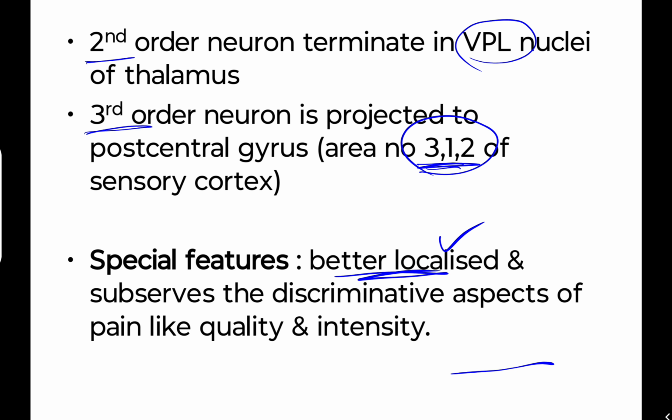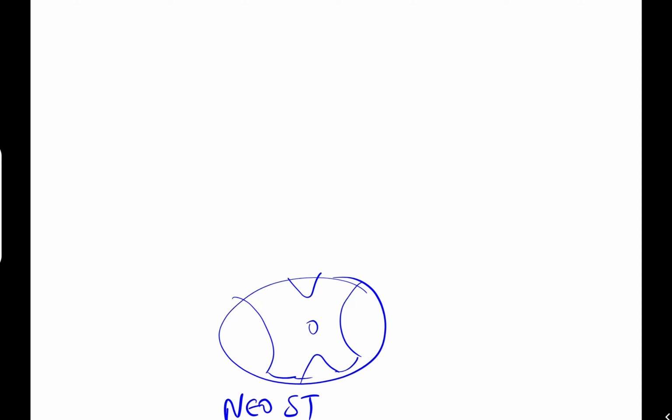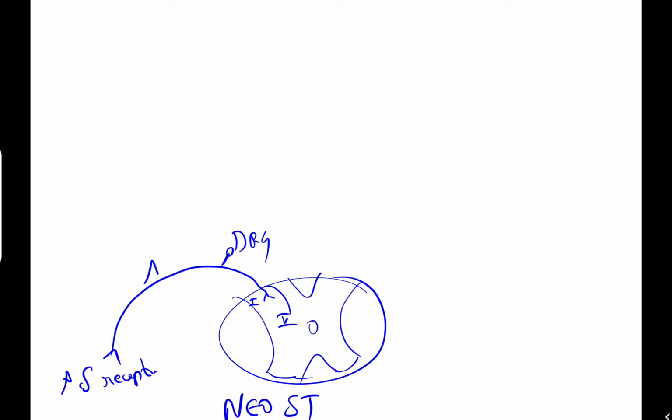So if you can see here, the next pathway which I'll explain now, on this spinal cord, is the neo-spinothalamic pathway. Clear? The first order neuron will end in lamina 1 and lamina 5. This is the first order. The cell body is located in the dorsal root ganglia. The receptors for this are A delta receptors, and the fiber which carries the fast pain is A delta.